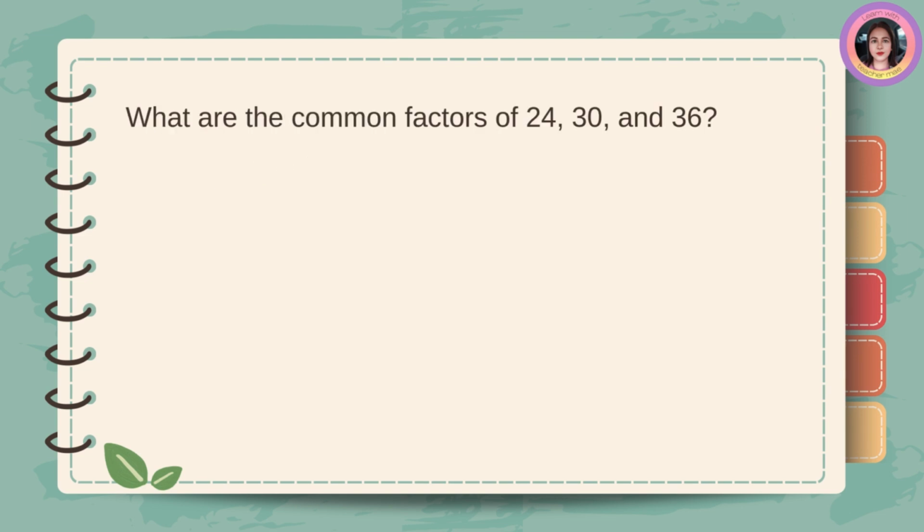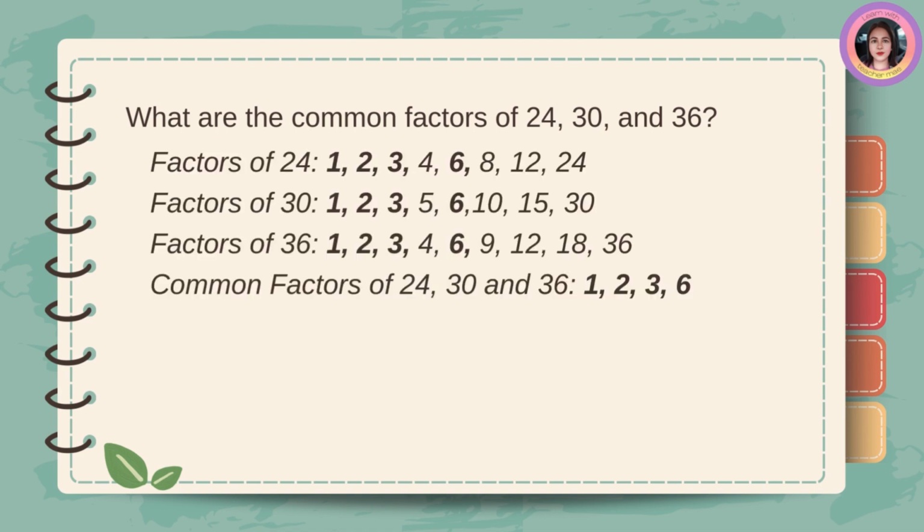What are the common factors of 24, 30, and 36? Factors of 24: 1, 2, 3, 4, 6, 8, 12, and 24. Factors of 30: 1, 2, 3, 5, 6, 10, 15, and 30.